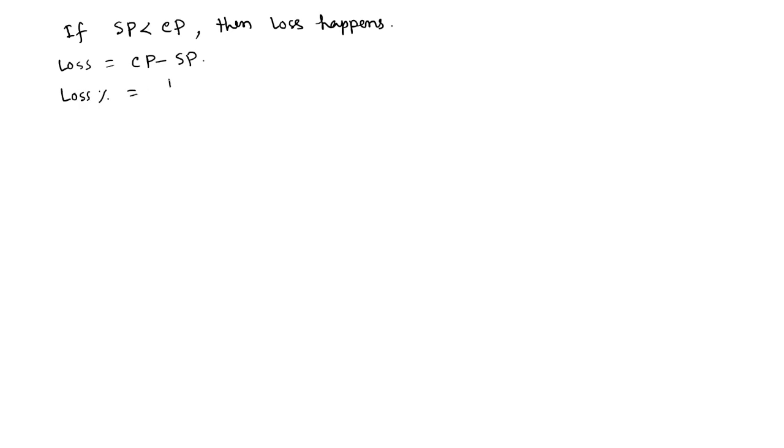If SP is less than CP, then loss happens, and the amount of loss is calculated as CP minus SP, since CP is bigger. And then the loss percent is actual loss divided by the CP into 100%.